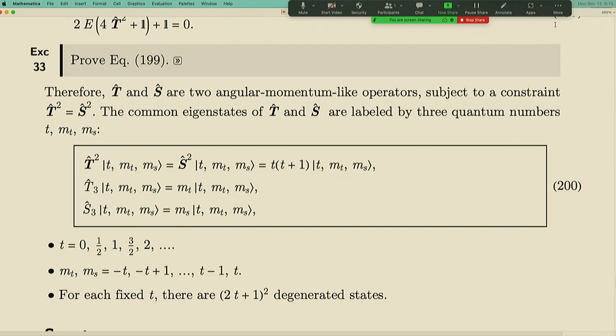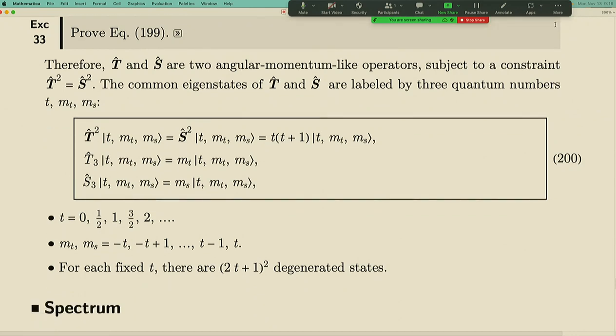And if you apply the T3 operator, this state is also an eigenstate of T3 with eigenvalue MT. And this state is also an eigenstate of S3 with eigenvalue MS. So these are the meanings of these three quantum numbers. They specify the eigenvalues of T squared, S squared, T3 and S3.